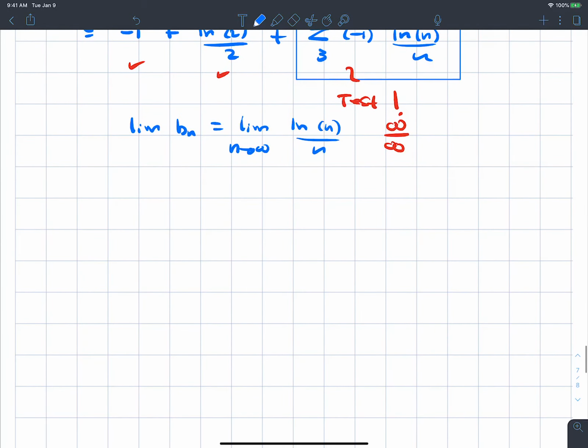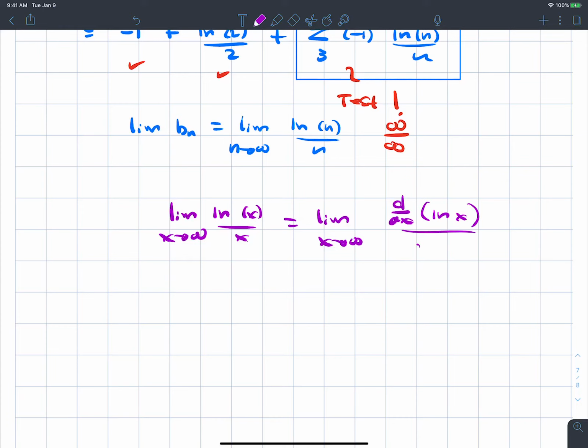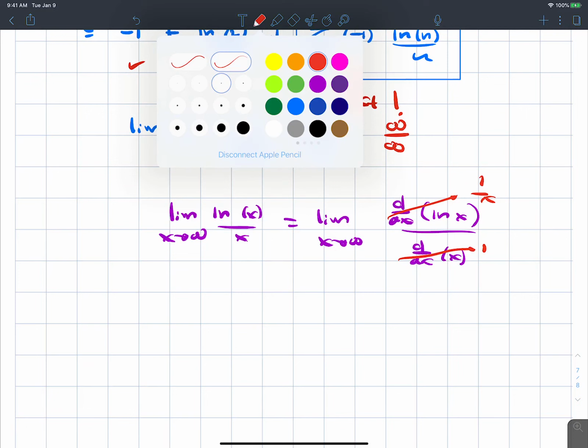Well, by L'Hopital's rule, and we can't use L'Hopital's rule for the domain being natural numbers, we're really going to look at the limit of natural log x over x as x gets big, which is the limit as x gets big of the derivative of the natural log x over the derivative of x, which is 1 over x.